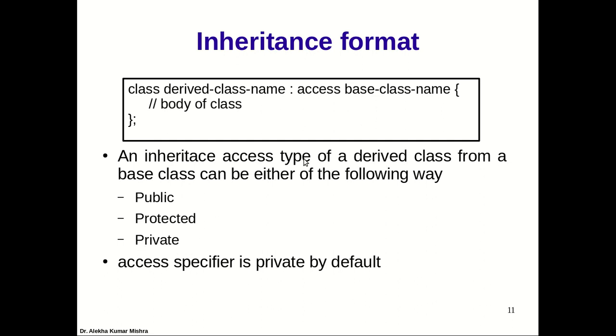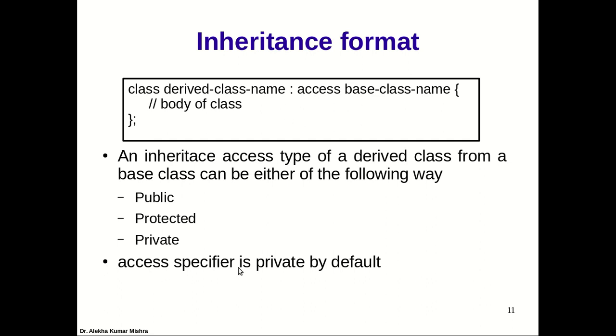When we do not mention the access specifier, then by default it is privately inherited. So if I say class X colon the class name, let's say Y, the inheritance type will be private by default.